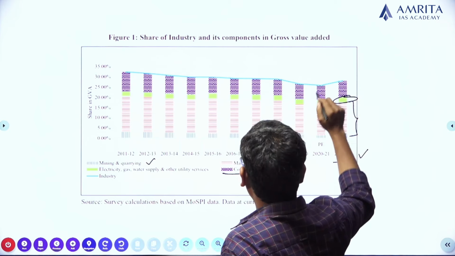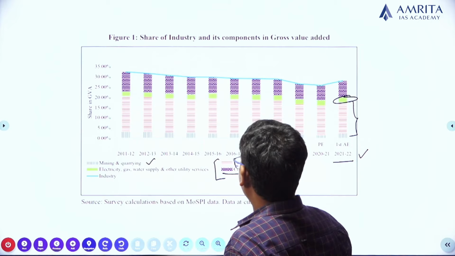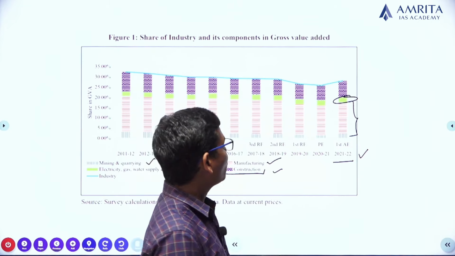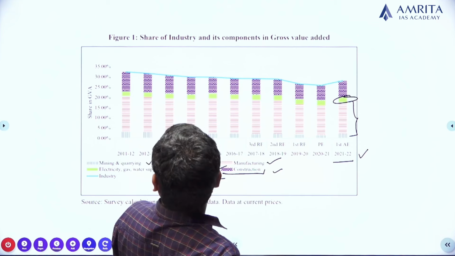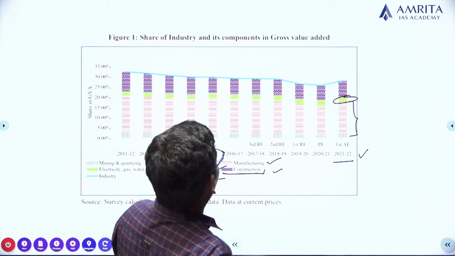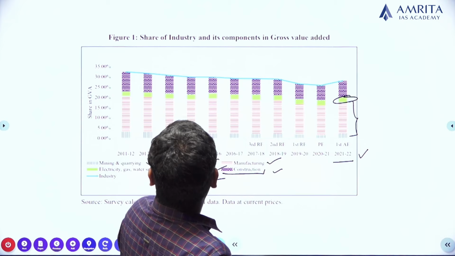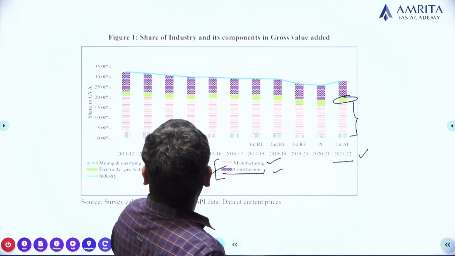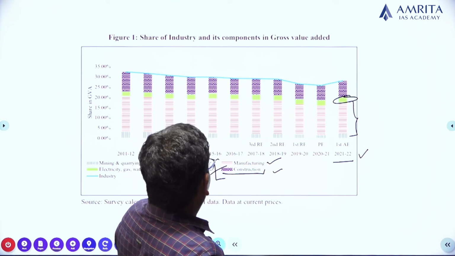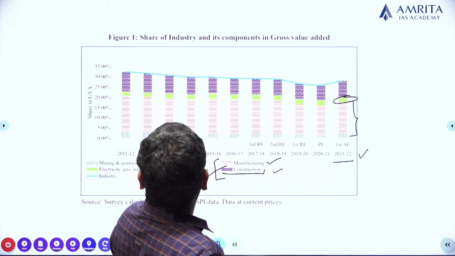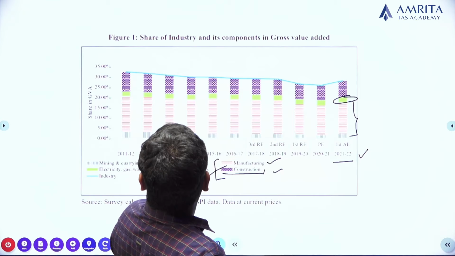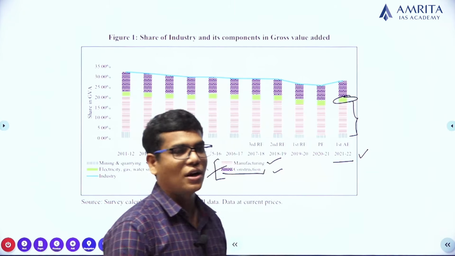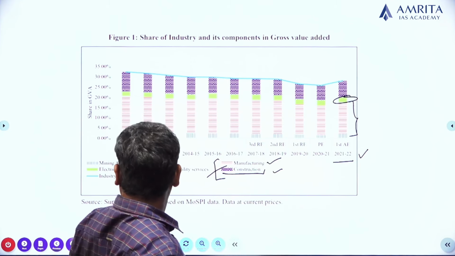So the 2 topmost are manufacturing and construction. Manufacturing and construction almost constitute 10%, not exactly 10 but almost 10%. And manufacturing is again more than 15%. The exact number will be given in the survey.